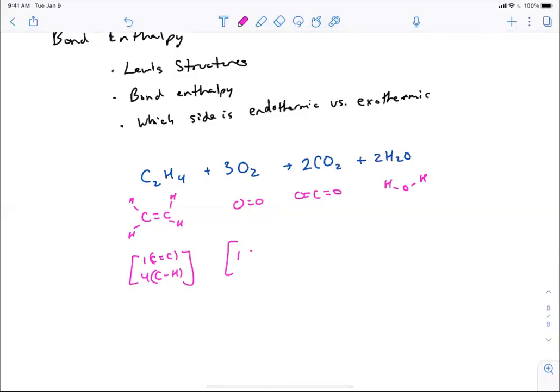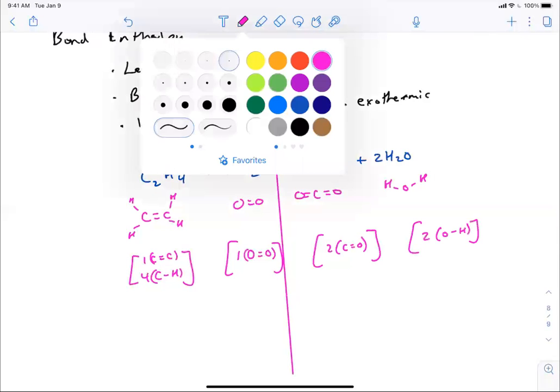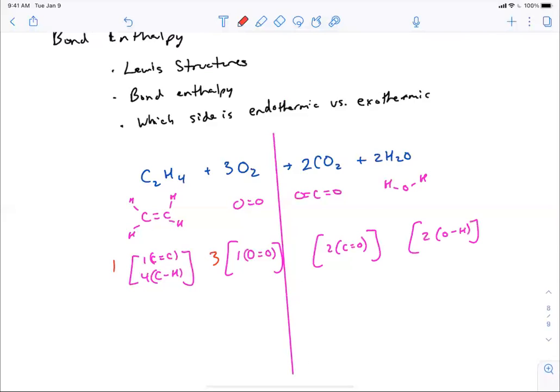Here, I have 1 O to O double bond. Here, I have 2 C to O double bonds. And then here, I have 2 OH bonds. Okay. Once I have that established, then I put my coefficients in front: 1, 3, 2, and 2.